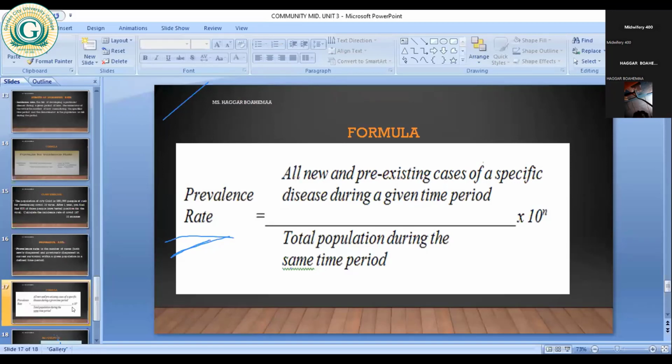Mostly it is done at the end of the month, but do you have to wait for the end of the month before you go and give education on prevention of anemia during pregnancy? No. Sometimes you need data to take an action, and it can be done over a short period to enable you to take a decision on what to do to save the life of the pregnant women.